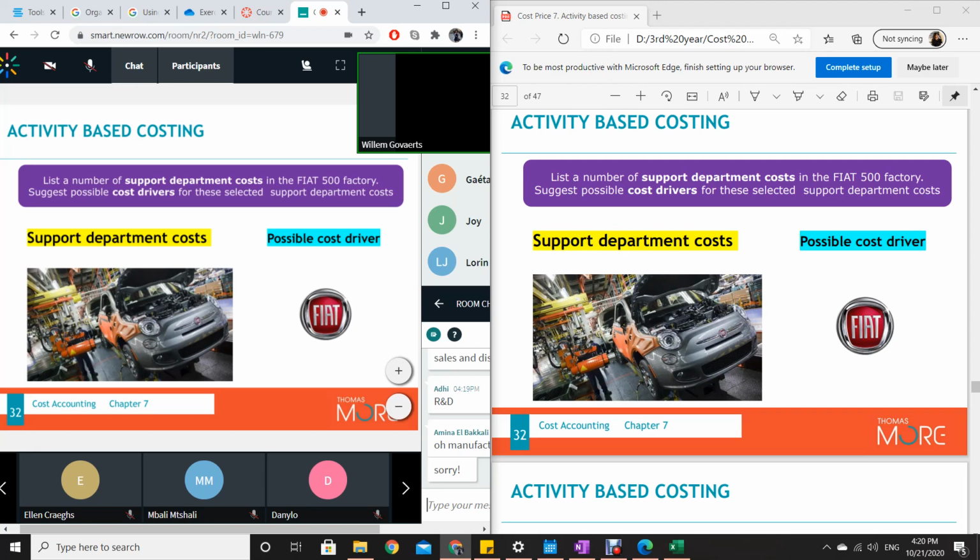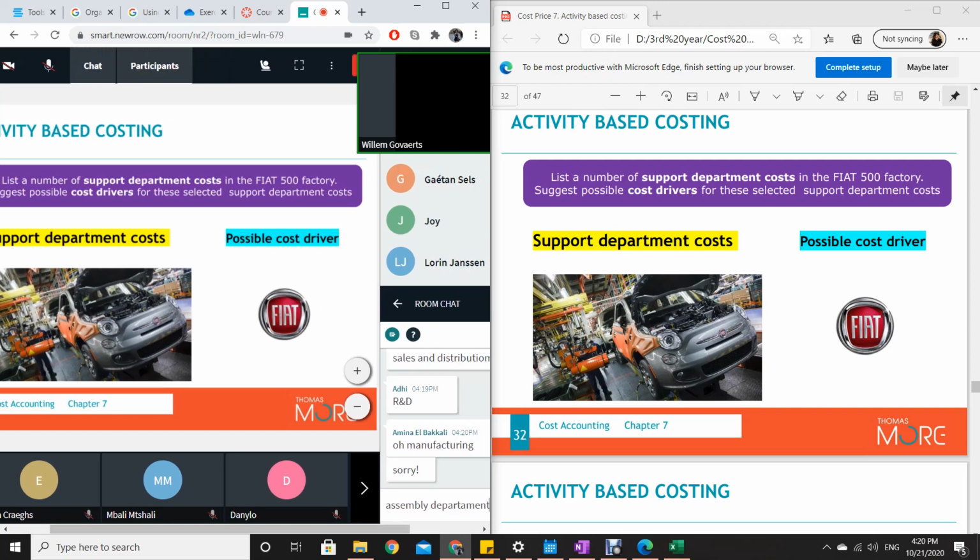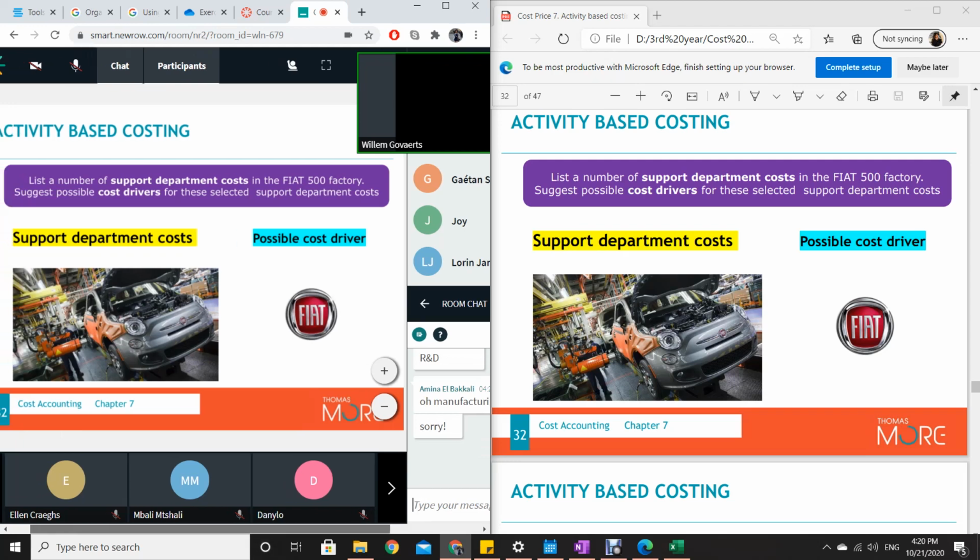Cost calculation most of the time ends when you deliver the goods. So we check the overheads which are linked to the production or the delivery of the service. Of course, these costs are also interesting, but most of the time we will not do that. Assembly department, that is a very good part.